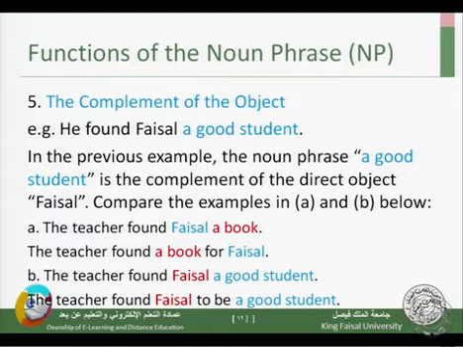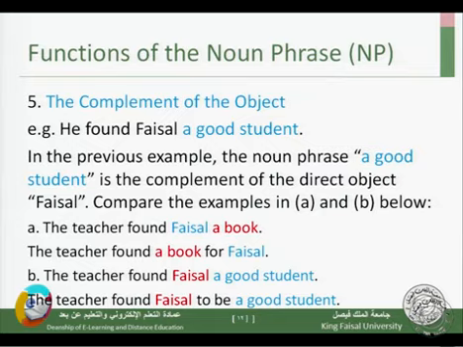These sentences might look similar, but they are very different. Okay, in the first case, we can reword the sentence in A. Instead of saying the teacher found Faisal a book, we can say the teacher found a book for Faisal. Okay, so the teacher went and looked for a book to give to Faisal.